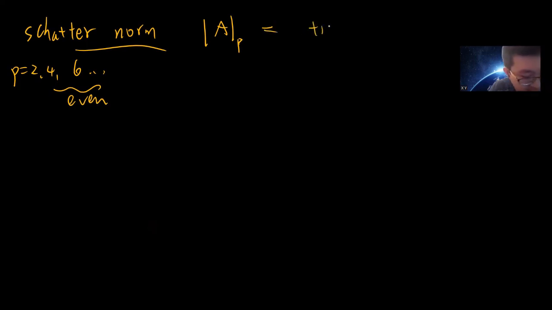Let me write down some definitions. In order to do this, let's introduce the Schatten norm. For A and p, let's say p is 2, 4, 6, so p is even. The p-norm of A is the trace of A dagger A, where A is a general complex matrix, to the power p over 2, and then you take 1 over p.